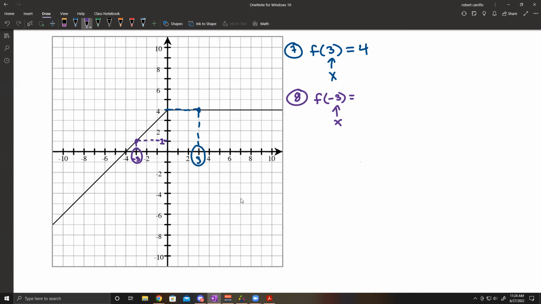And right there, when x is -3, f of -3 is going to be 1. So we're finding these y values, right? This is your y value. I guess I could use the arrow, right? There we go.